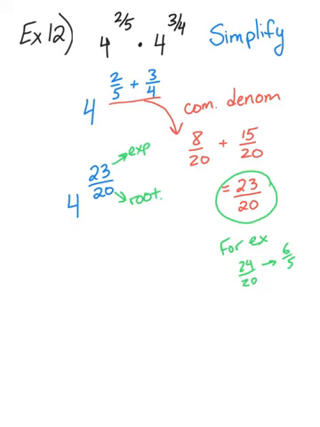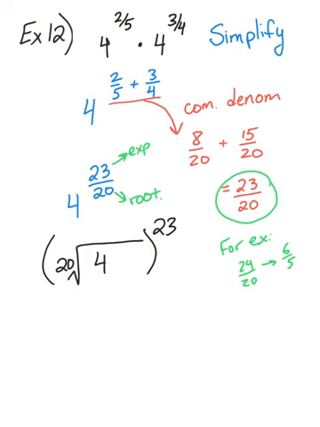In this case, I cannot simplify. And this is also a case where if I wrote it the way I did my other two, meaning root 20 of 4, all to the power of 23, there is nothing I can do here. I can't simplify it anymore.